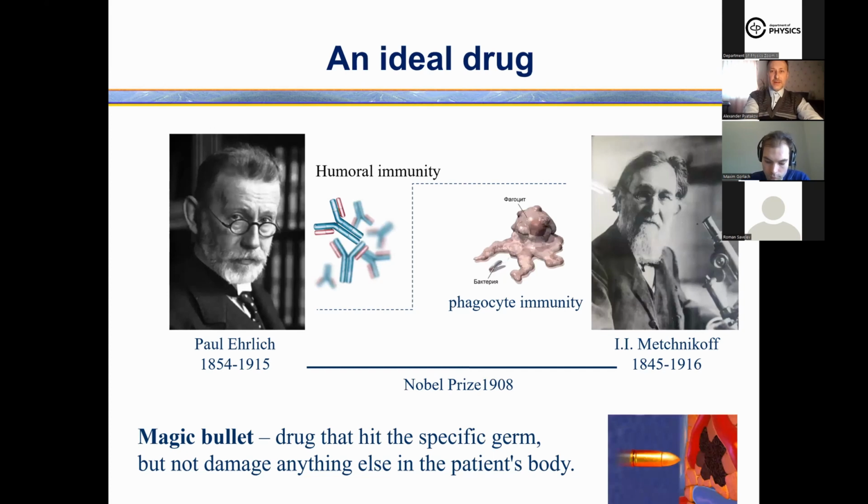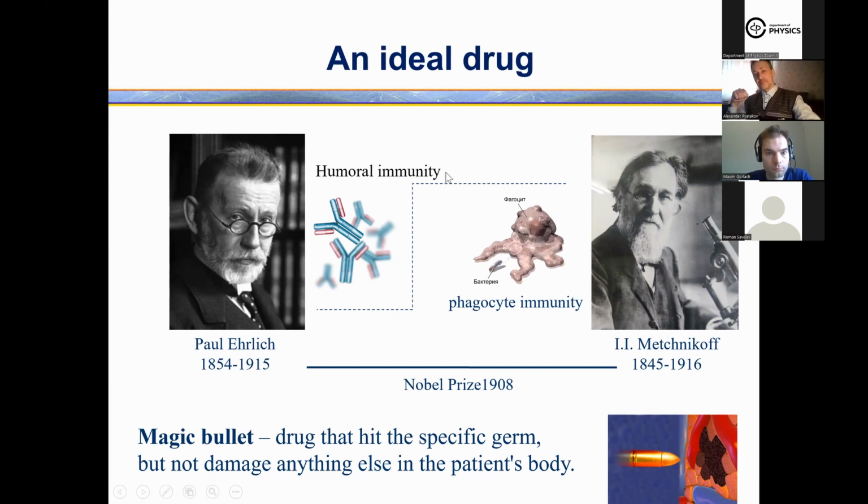And in this context, it reminds me of another idea of Paul Ehrlich, Nobel laureate. He shared the Nobel Prize with Mechnikov. In fact, they were strongly opponents to each other.